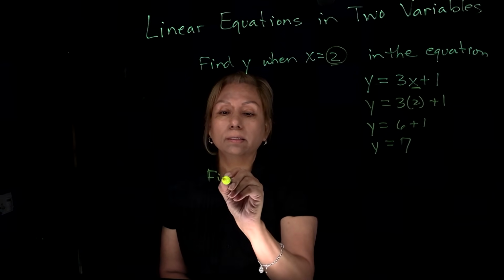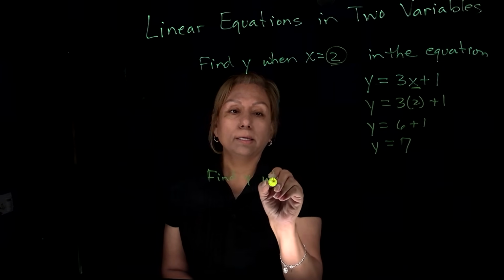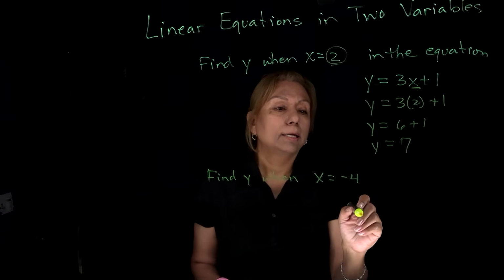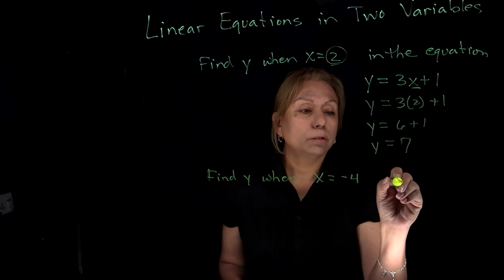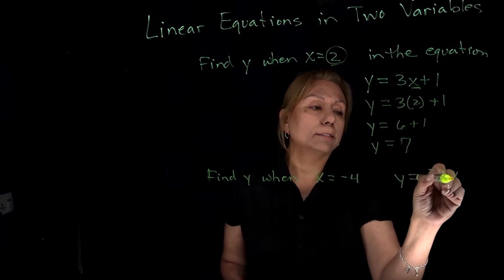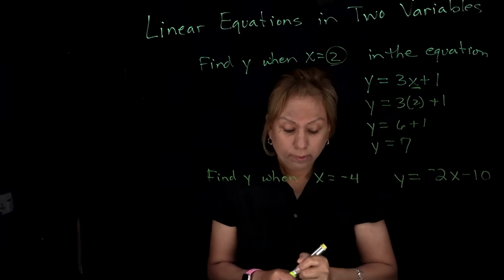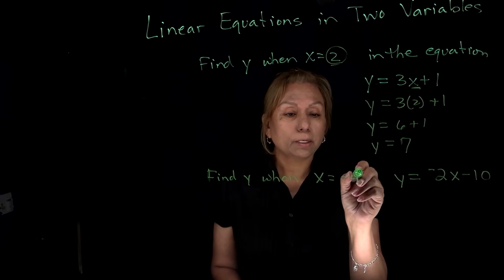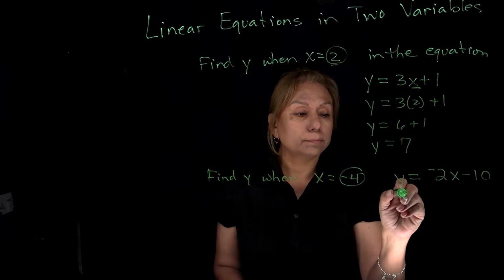Let's find y when x equals -4, given the equation y equals -2x minus 10. Okay, so remember, we're going to substitute the -4 for every x.